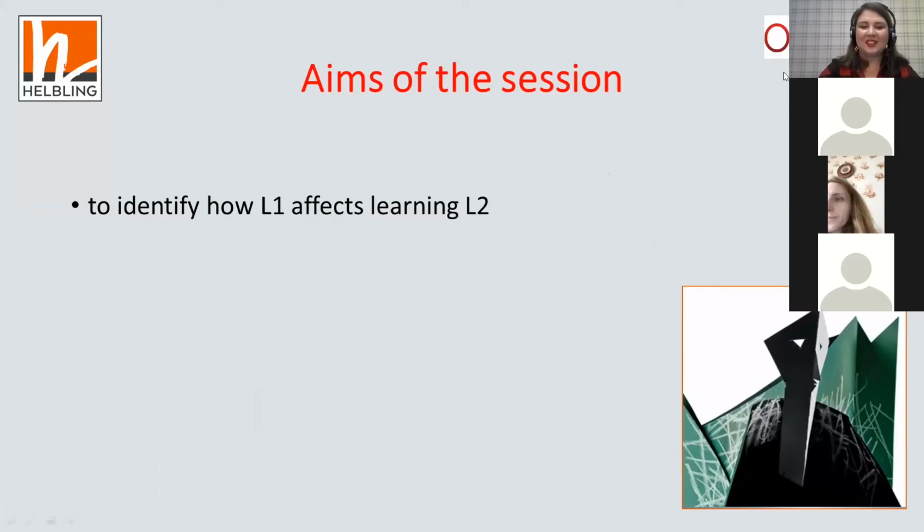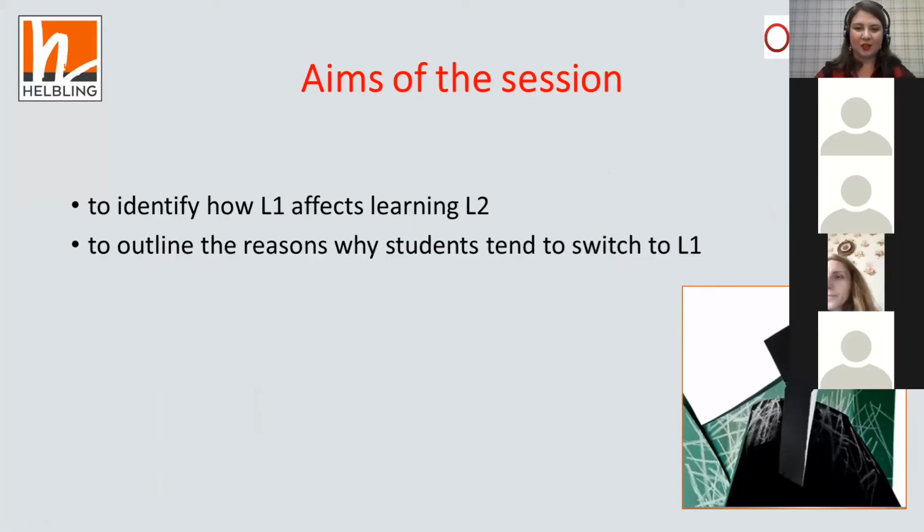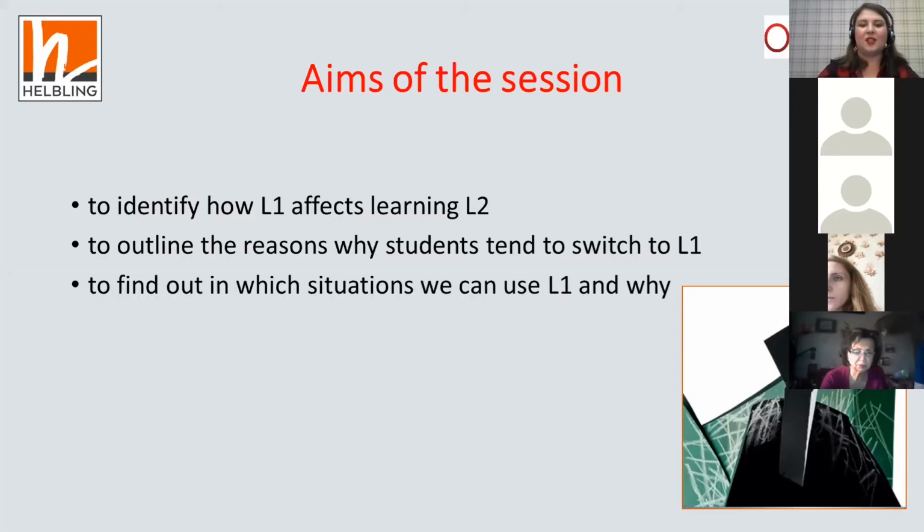The second aim is to discuss and outline the reasons why our students tend to switch to L1, why it's so tempting. The third aim is to discuss some cases, some situations when we should use L1, and why. What can be the reasons, what can be the activities, and so on.